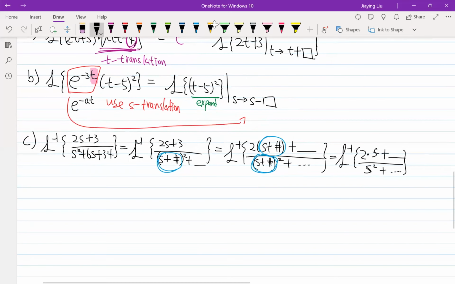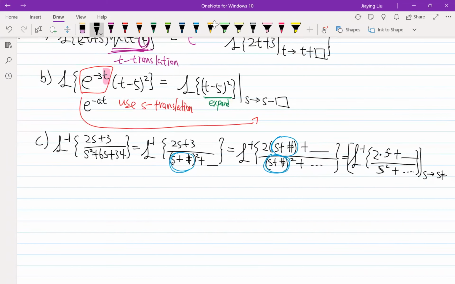And note that in this process, what we did is that we converted s plus this hashtag into s, this new s. And in the following step, if you apply the inverse s translation, you know this becomes an exponential.